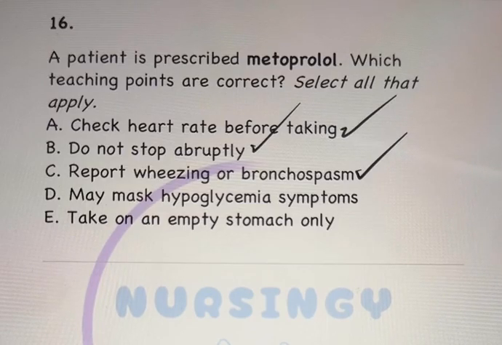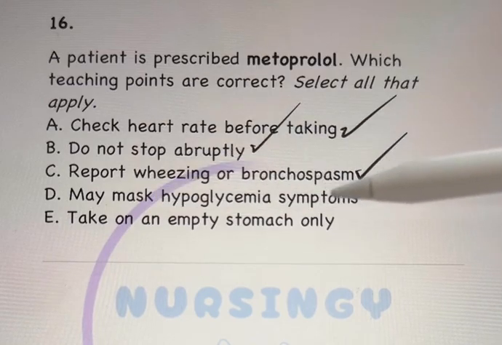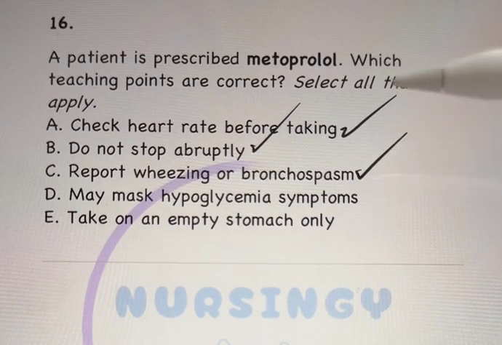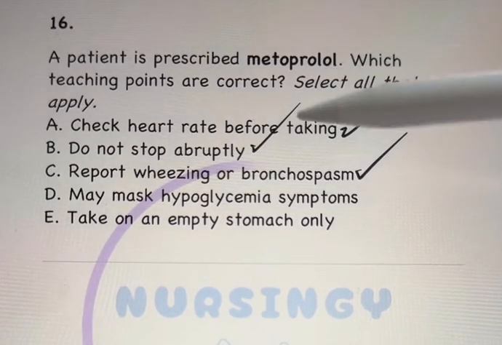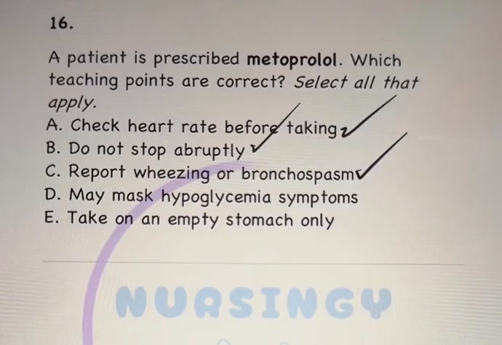May mask hypoglycemia symptoms, can it? Yeah, because it is a beta blocker, and we do have beta 2 receptors that also mediate the adrenergic response to hypoglycemia.